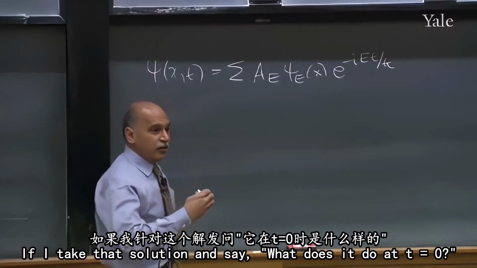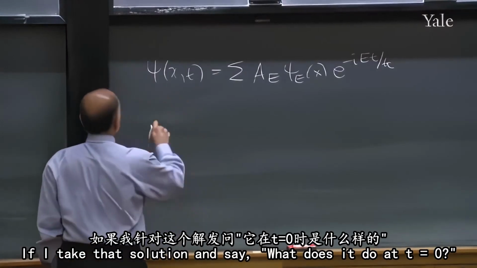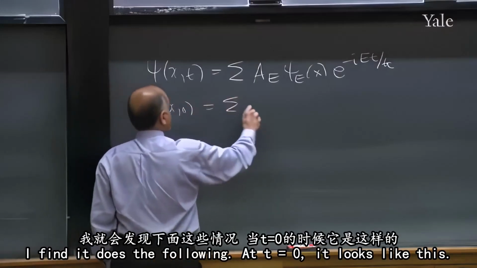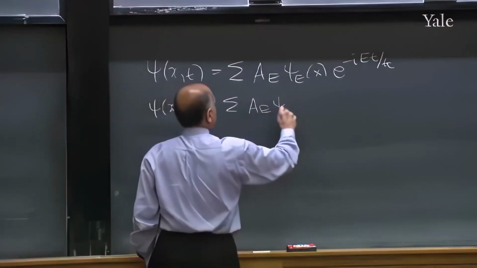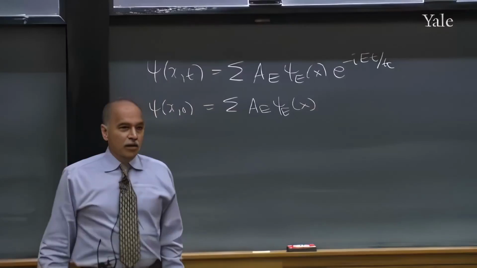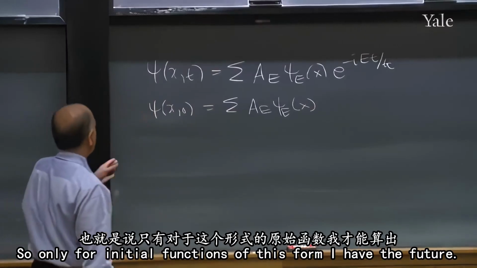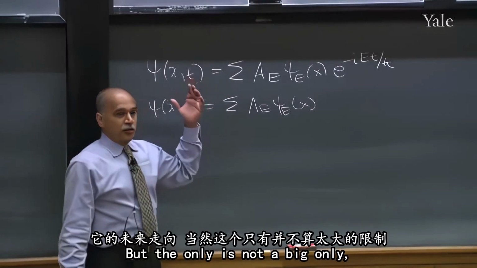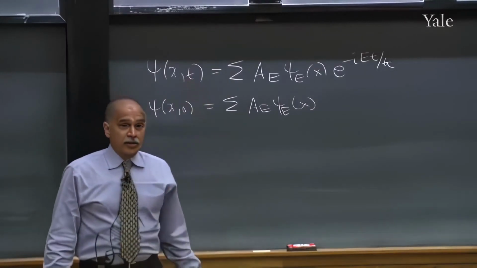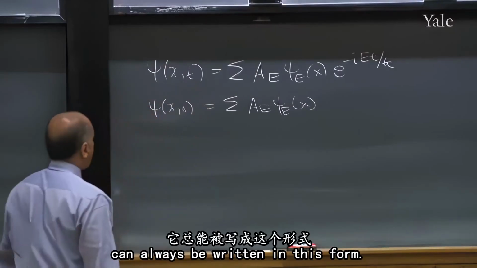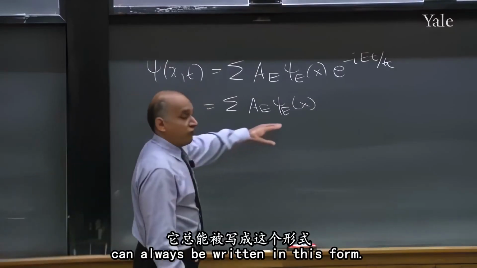If I take that solution and ask what it does at t equal to 0, I find it looks like this. So only for initial functions of this form do I have the future. But the only is not a big only, because every function you can give me at t equal to 0 can always be written in this form.